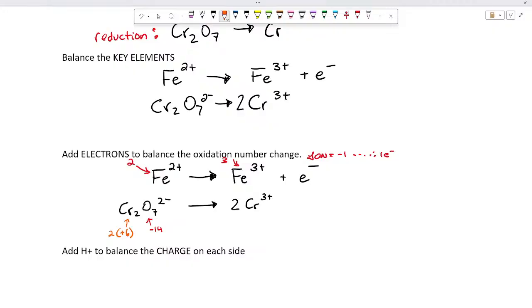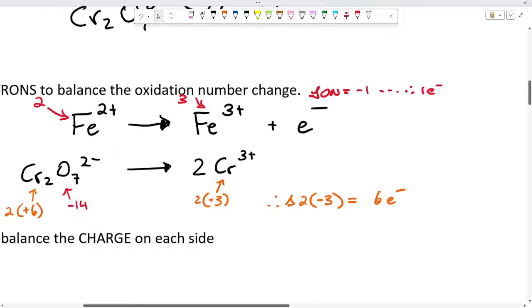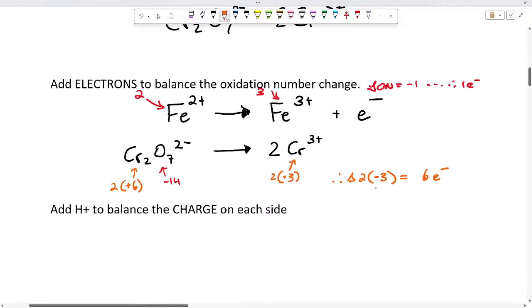And then over here, what is each one giving us? +3, and of course there's 2 of them. So therefore, what's the delta? It's going down by 3, right? And since there's 2 of them, the change is 6 electrons. Does that make sense? How you show it doesn't matter, but it's important since the change is -3. Now, -3, does that mean it's gaining or losing electrons?